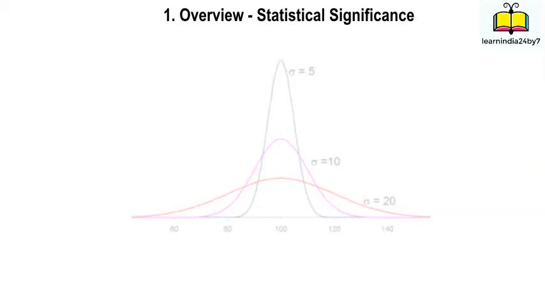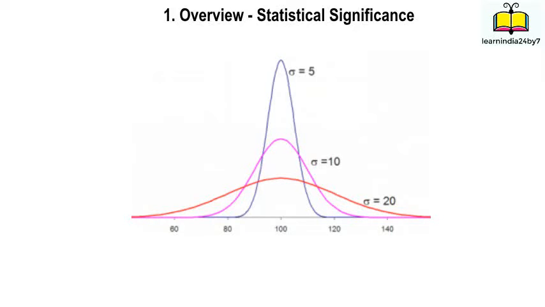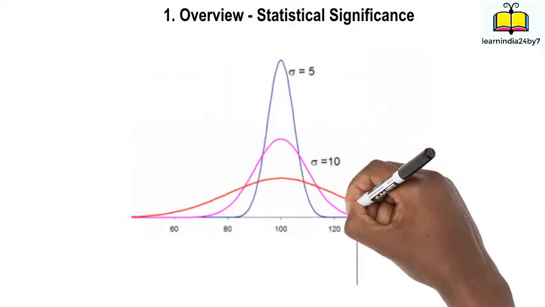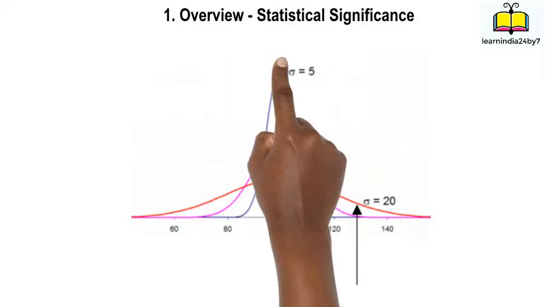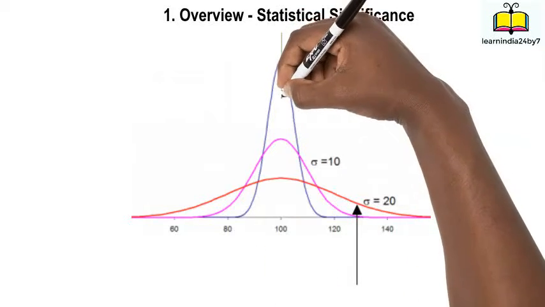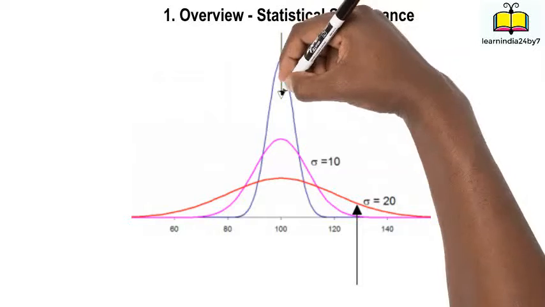Standard deviation is an important measure to see the spread of data under study. With an increase in standard deviation, the bell curve gets flattened, and with a decrease in standard deviation, the bell curve becomes narrow and data points are clustered close to each other.